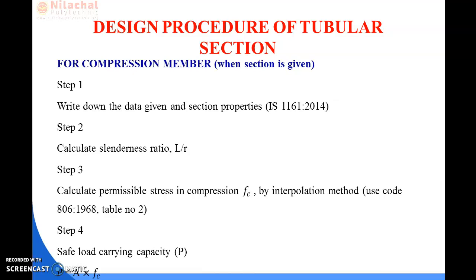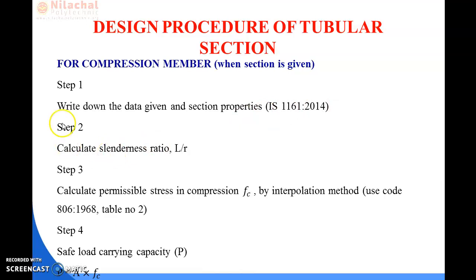So here in step 1, first of all you need to write down all the data given, which is already provided in your question. Then, according to the section, we have to find all the properties, and you can get these properties from IS 1161:2014.